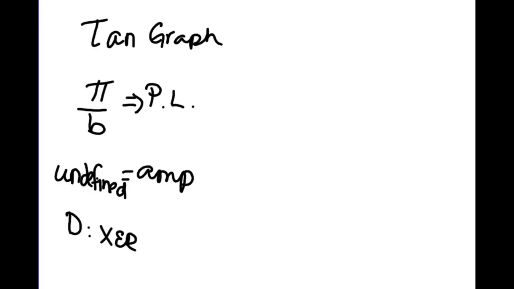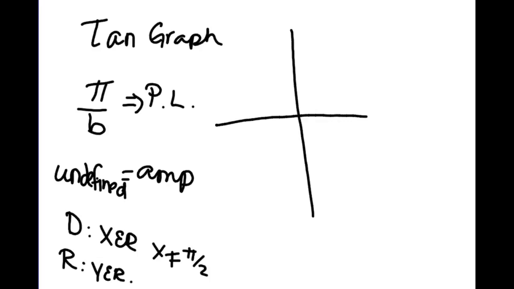So it can't equal pi over 2, and so on, like if you added a half pi every time. And the range, since there's no top and bottom, is just y in the reals. And I'll show you what a picture of a tan graph looks like.